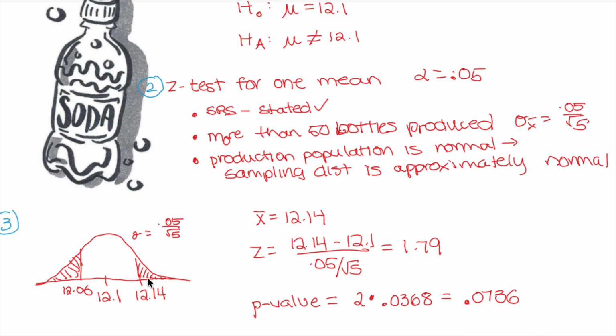Which means that our z-score will be the same thing, x minus mu, divided by the standard deviation, and this will give us 1.79 for our z-score in here. I'm just checking if that's correct or not. Seems correct. And for the p-value in here, we want to make sure that all of those tails are considered. This is a two-tail test.